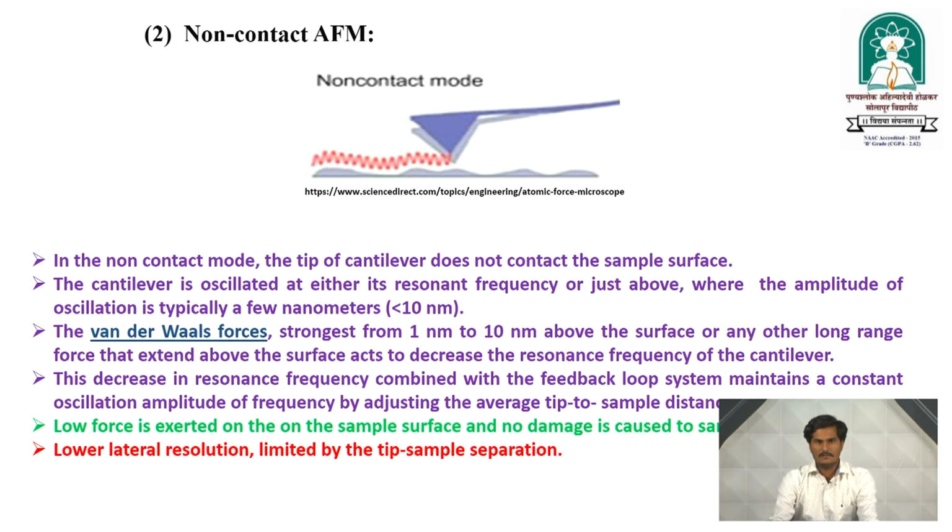This is the best advantage of non-contact mode AFM. Non-contact mode AFM also has a lower lateral resolution, which is limited by the tip sample separation. This is the disadvantage of the non-contact mode AFM technique.